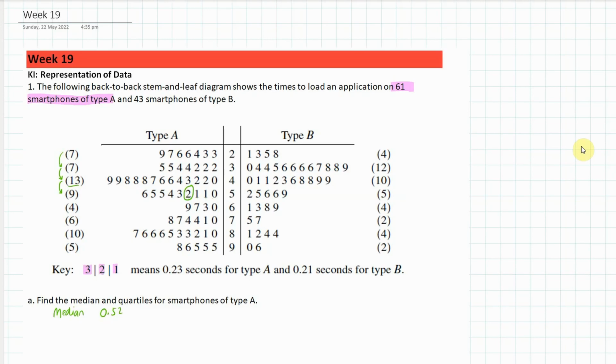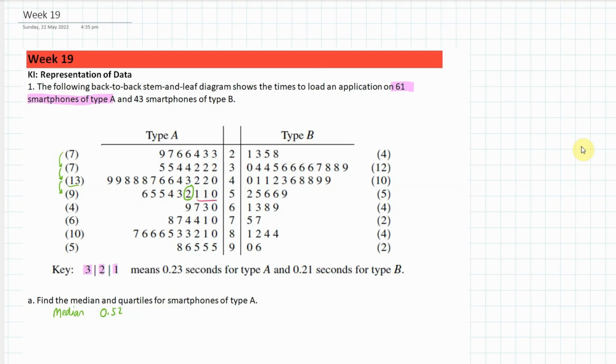And then we're talking about the lower quartile. To find the lower quartile, you go 0.25 times 61, and we're looking at the 16th item of data. Or another way of doing it, you can see that we've got 30 items of data below 0.52.